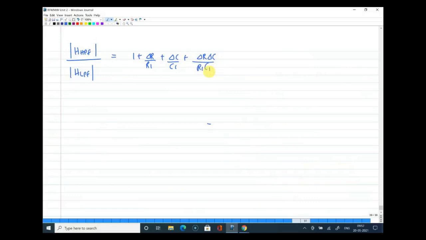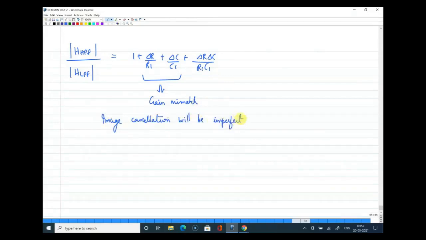All right. So if you look at this, you can see that if there is a change in R and a change in C value, that will definitely result in some kind of gain mismatch, and this also will add to the improper cancellation of image. So the image cancellation will be again imperfect, because in this case we are looking at the absolute values of R1 and C1.